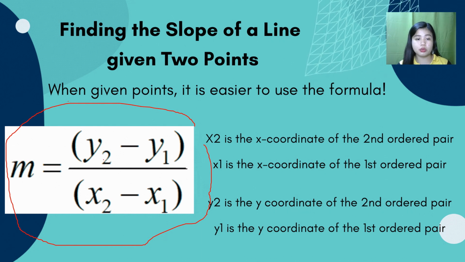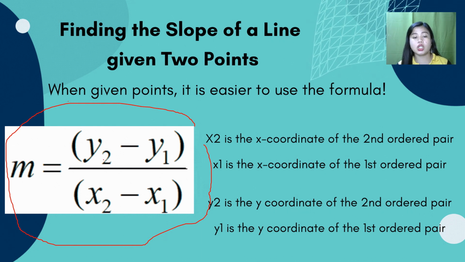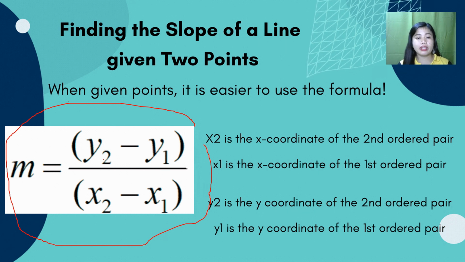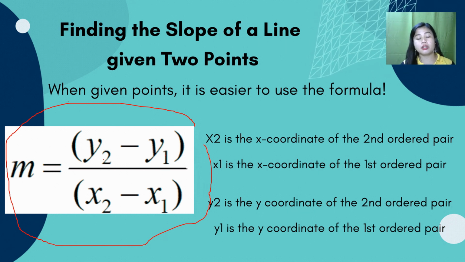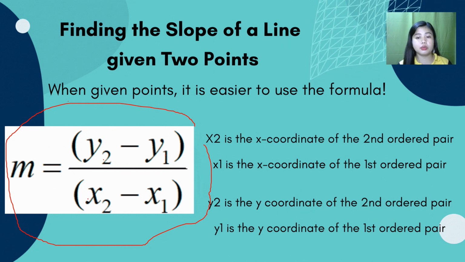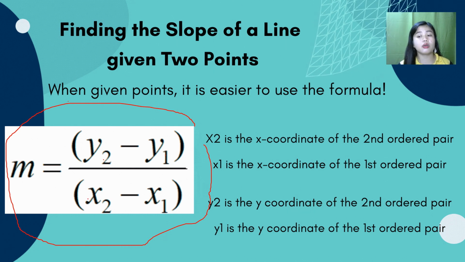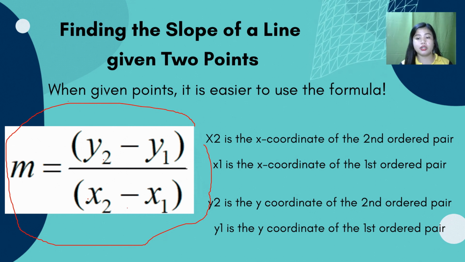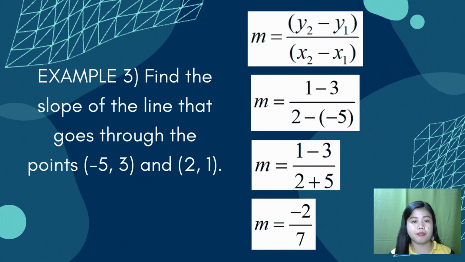So y sub 2 is the coordinate of the second ordered pair. Y sub 1 is the coordinate of the first ordered pair. X sub 2 is the coordinate of the second ordered pair, and x sub 1 is the coordinate of the first ordered pair.